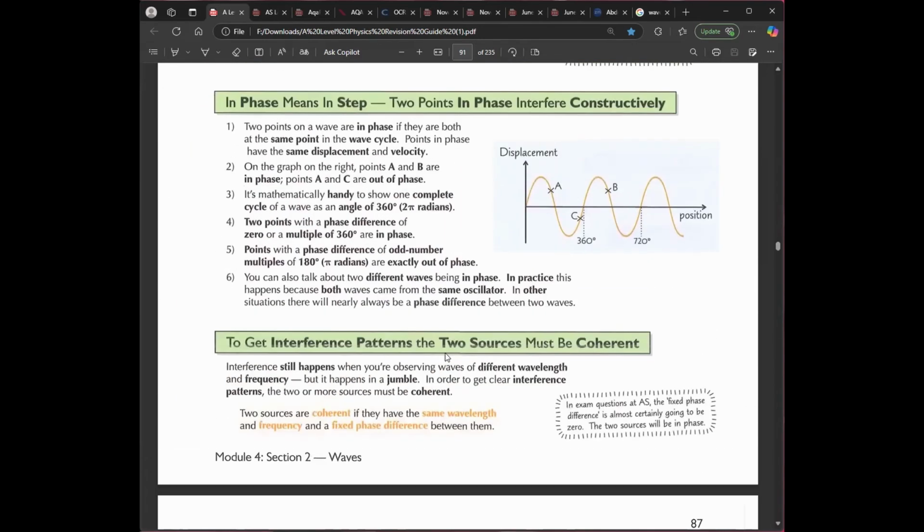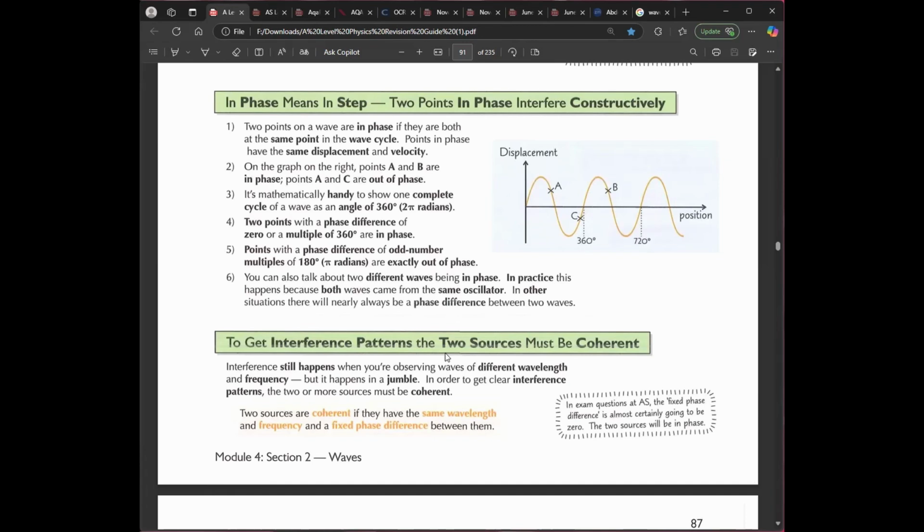So when two waves have to constructively interfere with each other, the crest would fall on the crest of the other. In that case, both of them should have zero phase difference. If they have a phase difference of multiples of 2 pi, 0, 2 pi, 4 pi, which is 0, 360, 720, then obviously the crest will fall on the crest of the other, and there will be constructive interference.